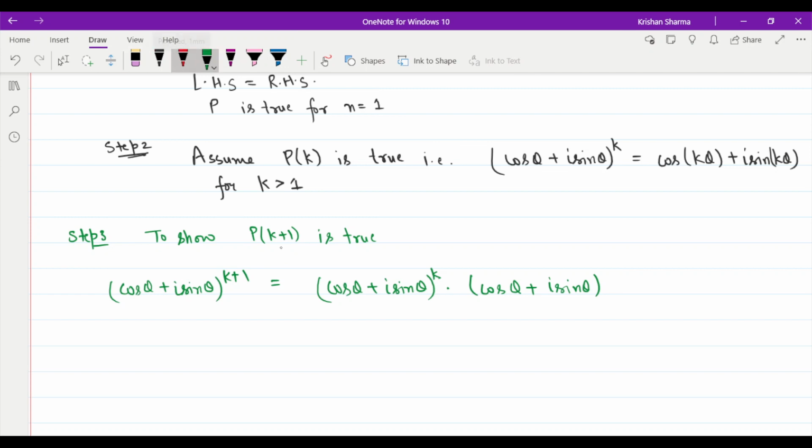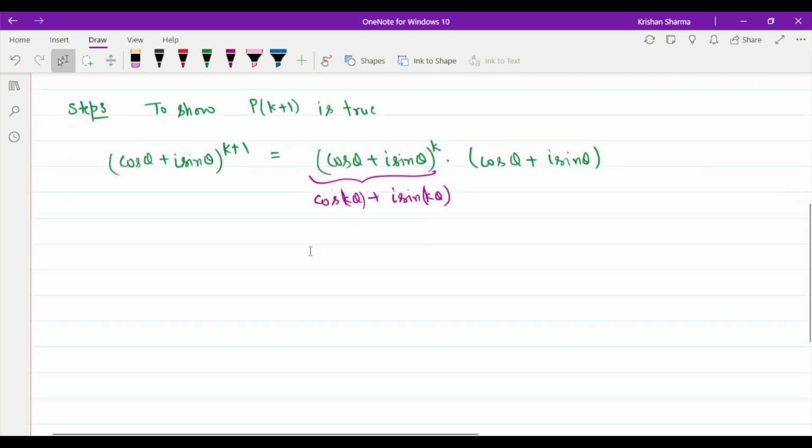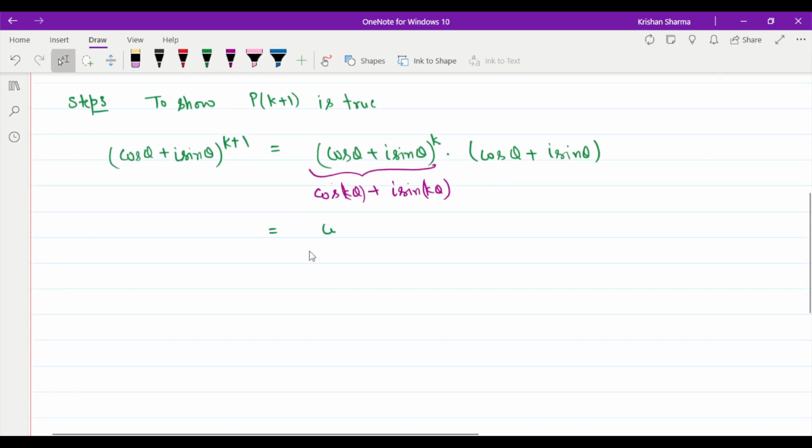So using that assumption, this term is nothing but cos k theta + iota sin k theta. So we have (cos k theta + iota sin k theta) into (cos theta + iota sin theta).